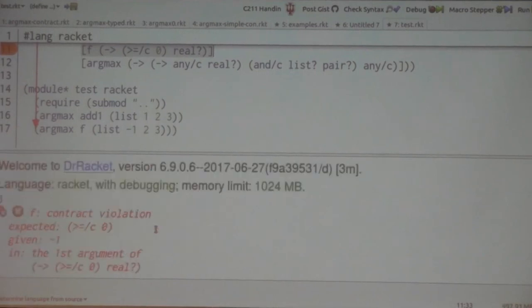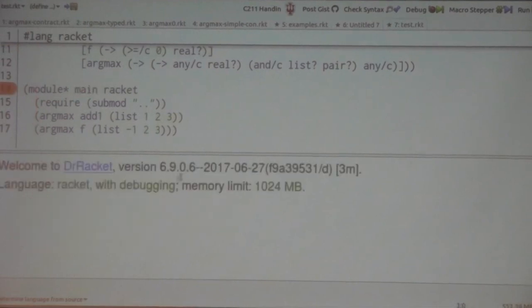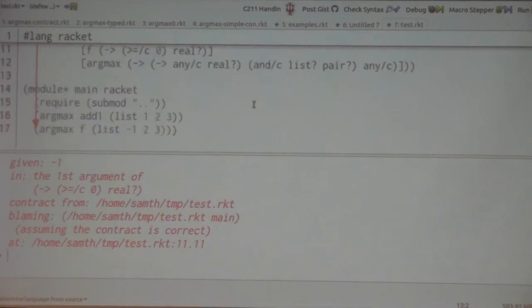And so now we're blaming this submodule. Call this main, just to be clear. Now we're blaming main because main is the one that passed f into a context where f was misused.